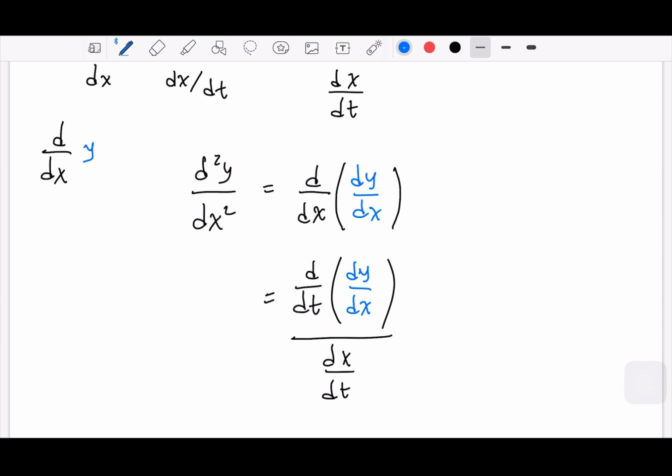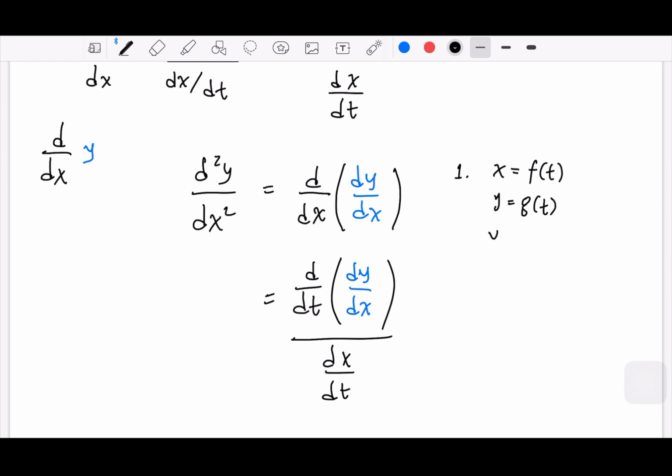Why we need to do this step with the same structure as the first one? The first reason is we need to remember that our assumption in parametric is always that x is a function of our parameter t, y also the same, but y is also a function of x.